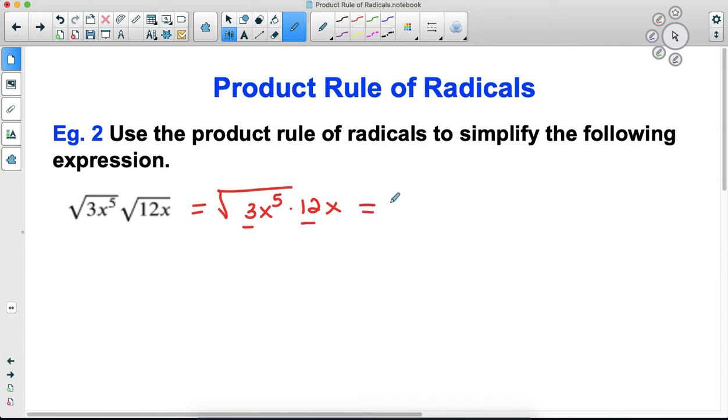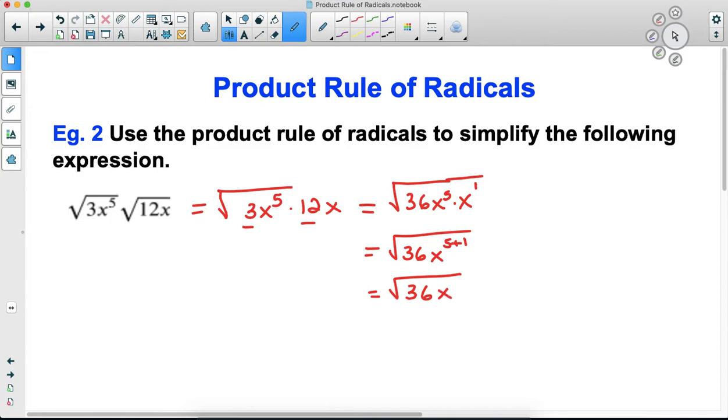So we have the square root of 36 times x to the 5th times x. Now keep in mind there's an implicit 1 here, so I'm going to actually write it out in this moment. And now, because we have the same base here with the x's, we're going to keep the base and add up the exponents. So this becomes the square root of 36 times x to the 5 plus 1. Or in other words, you just have the square root of 36 times x to the 6.